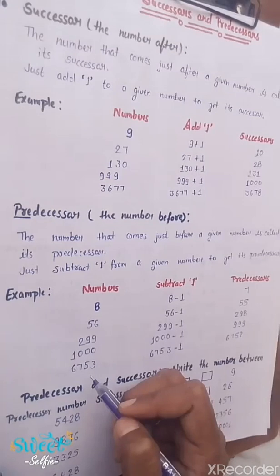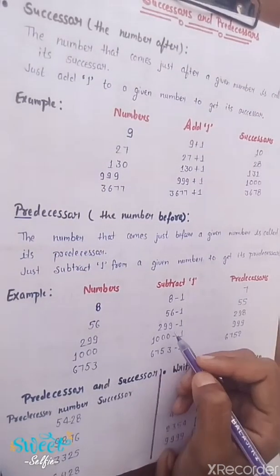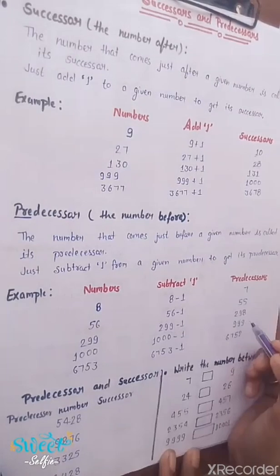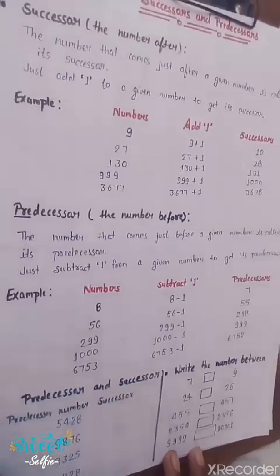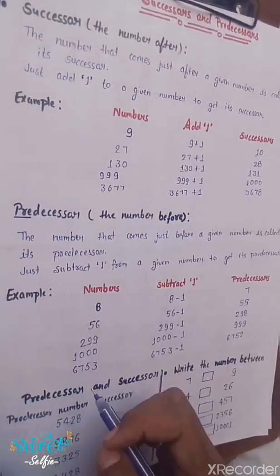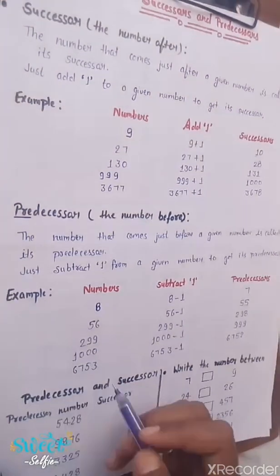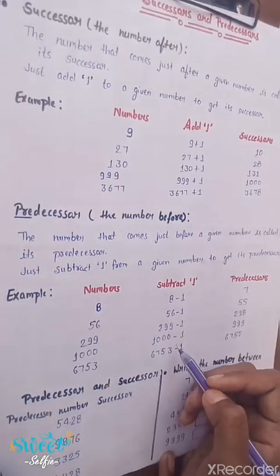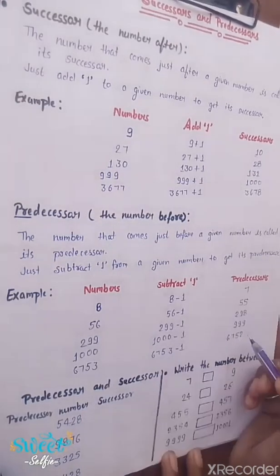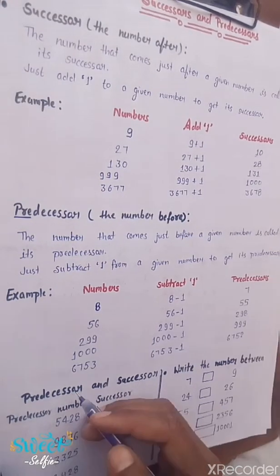So when we subtract 1 from 299, we will get 298, and 298 is the predecessor of 299. Next example is 1000. So now subtract 1000 minus 1, we will get 999.